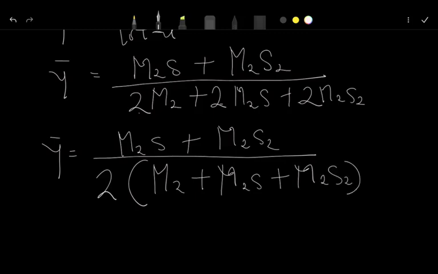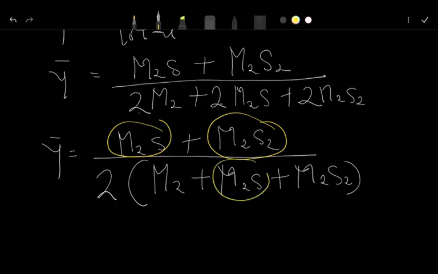So what's the next thing to do now? We already know what m2s stands for and what m2s2 stands for, so my work now is just to replace them. Equation 1, you replace it here; equation 2, you replace it here. Very simple, then we're done.